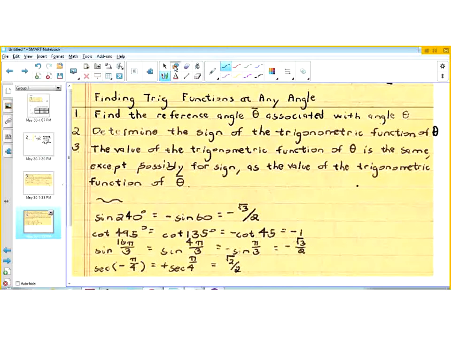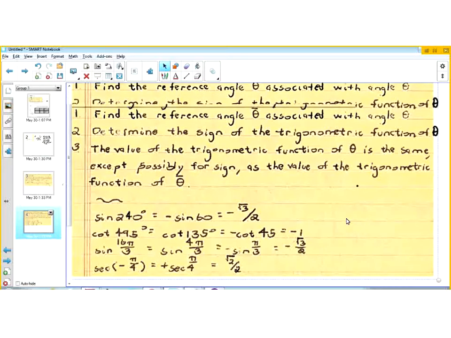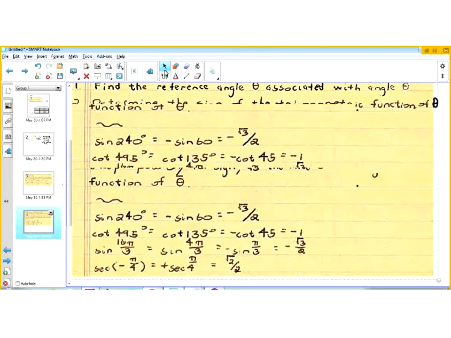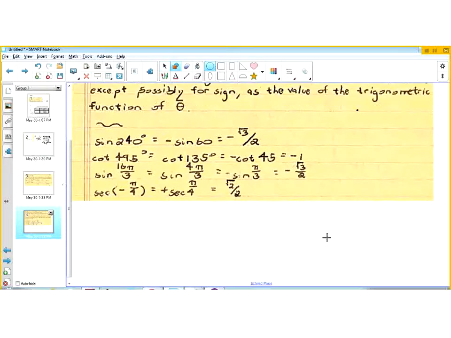So let's see here, where is 240? Let me pull up a circle. Let me draw it. Let's see. So I'll try it again. So here's a circle. Oh, I see.